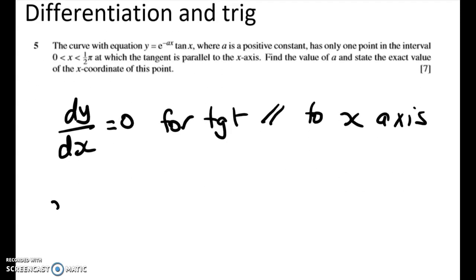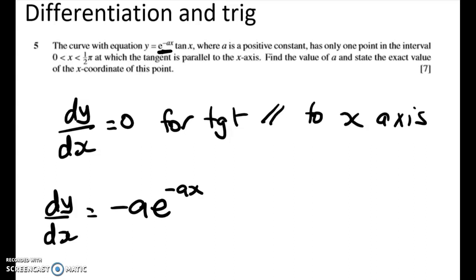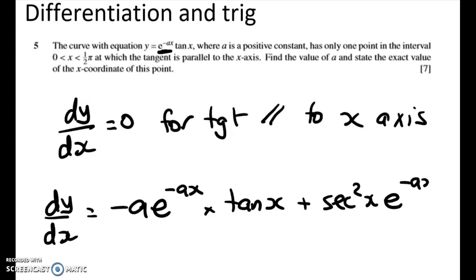Differentiating this, I get dy by dx is equal to negative a times e to the negative ax, that's the first function differentiated. So that's u dash v plus now v dash u, sec squared x times e to the negative ax, and I need to set that equal to 0.